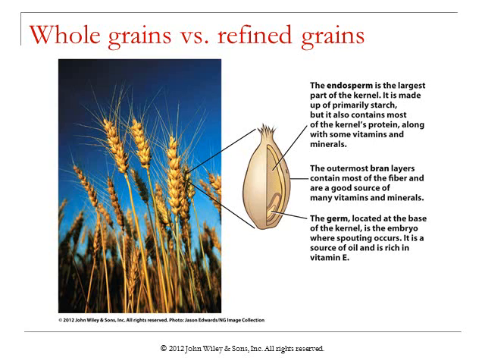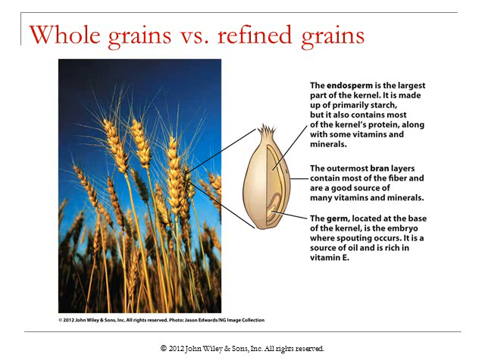The outermost layer, that seed coat to help protect the seed, is known as the bran. It's a really good source of fiber, and we'll also see vitamins and minerals there. And the germ is just another name for the plant embryo. This is a really good source of oils. We're going to see fats in here, and also vitamin E.